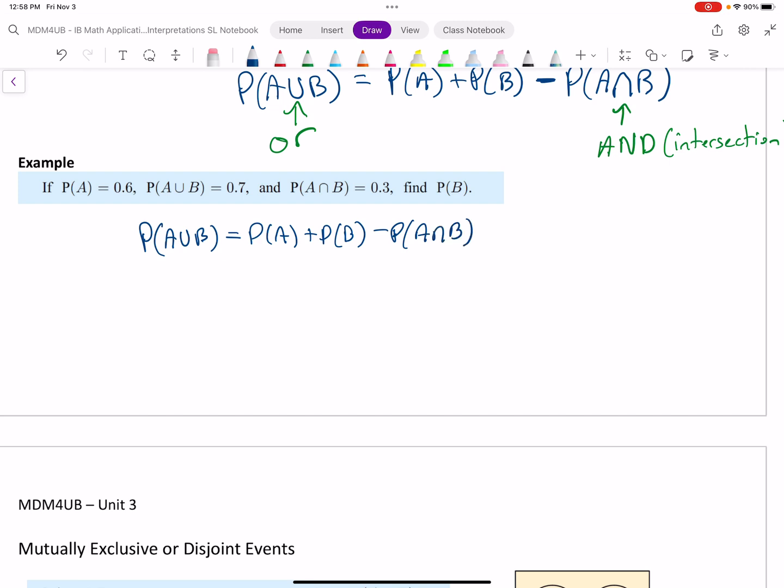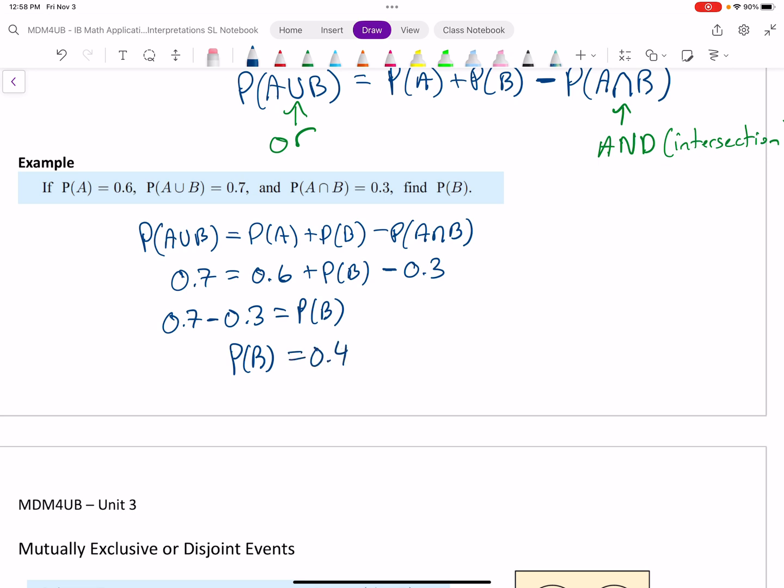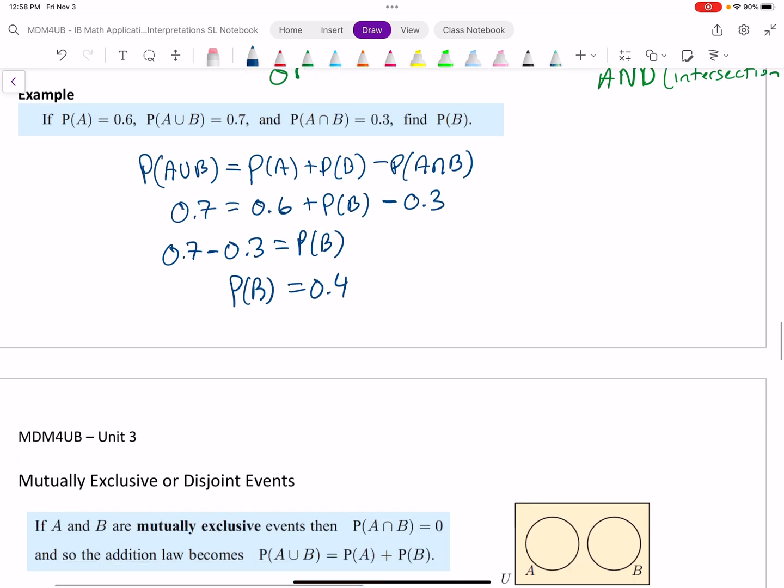So if I want to find probability B, we take the union, 0.7, A is 0.6, I don't know probability B, but I know the intersection is 0.3. So we just rearrange it. I'm going to move that over, so I get 0.7 minus 0.3 equals probability of B. So the probability of B is just 0.4. So this is a situation where you really need to know that formula, or at least be able to use it, because it is given to you.